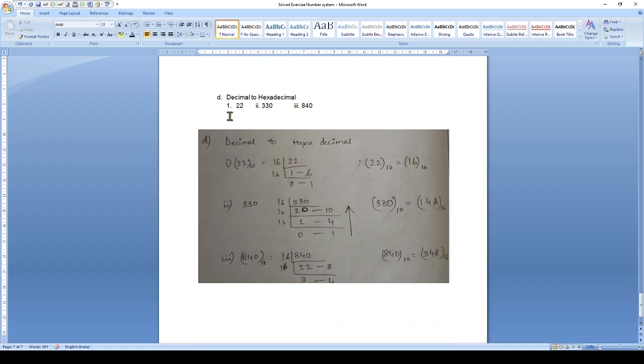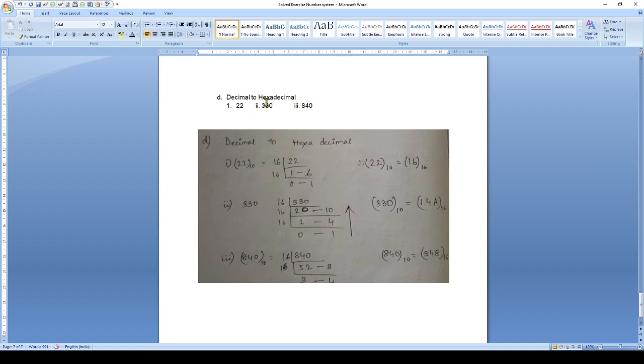And the last one, you see, decimal to hexadecimal conversion. So you have to convert a decimal to hexadecimal. And this is also done in a similar way. You have done decimal to binary. You have done decimal to octal. Now we will do decimal to hexadecimal. So what you have to do?